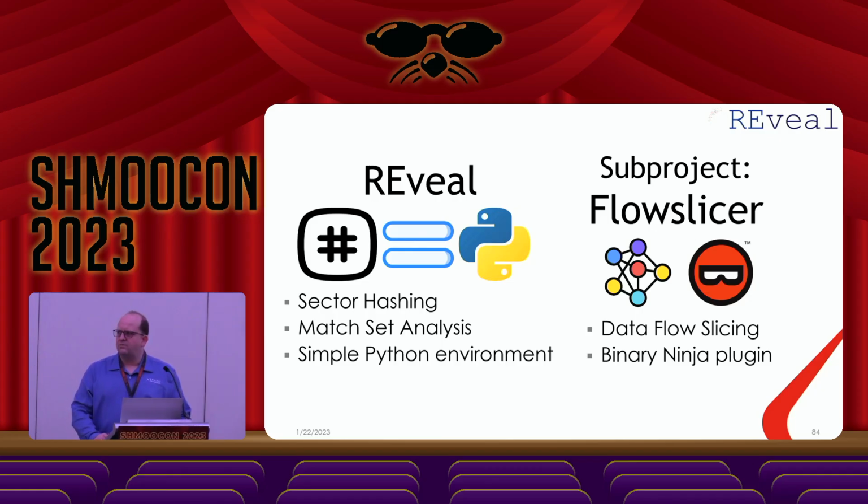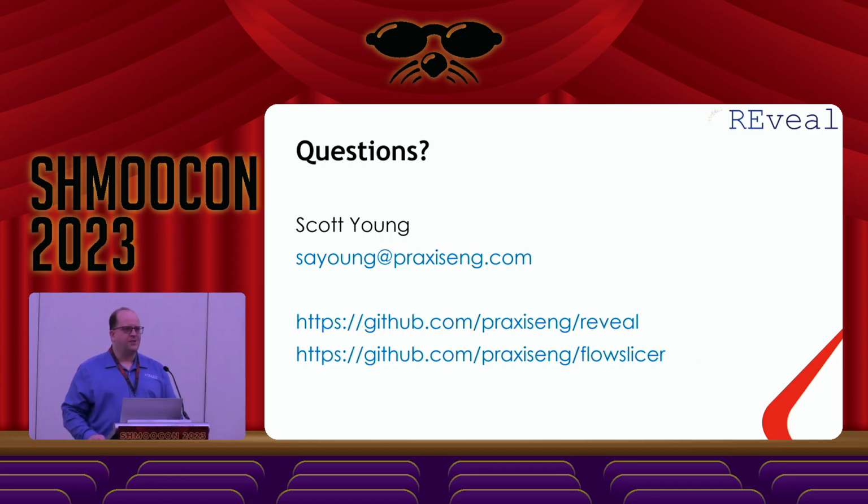Currently, I run it headless, so you would need a corporate or bigger license, but I plan to make it so that you can run across a bunch of binaries with a regular license. And now I'll open it up for questions.